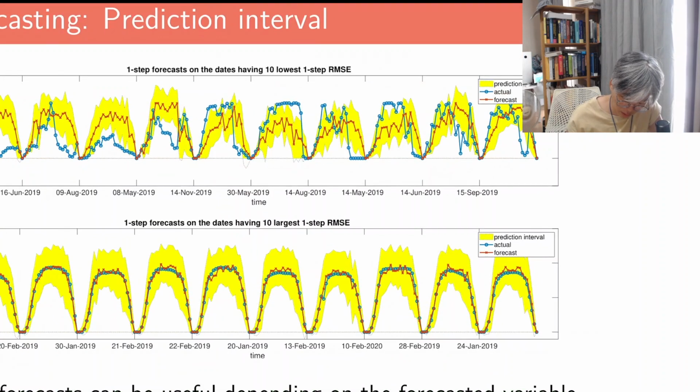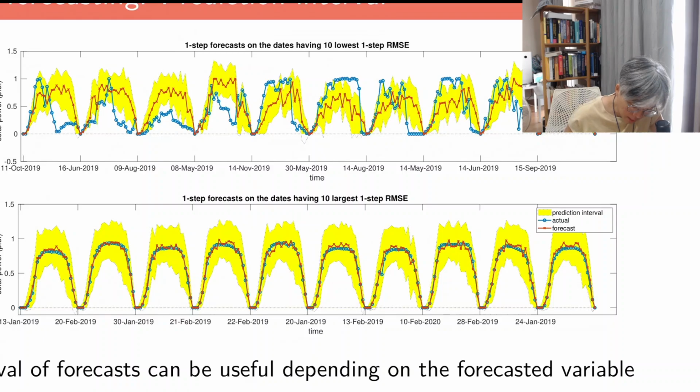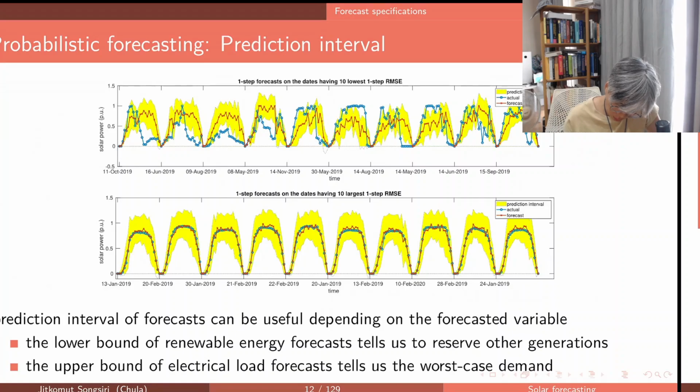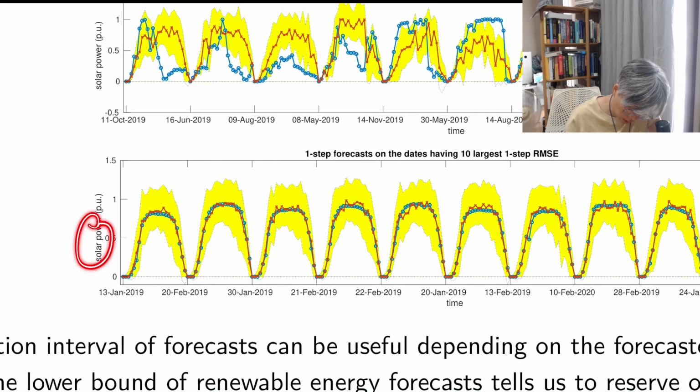This is when you run the model on the hard data samples. On the easy data samples, when the fluctuation of the weather is less, the variable that we forecast in this slide is solar power, sorry.